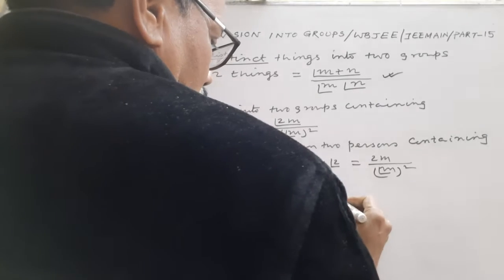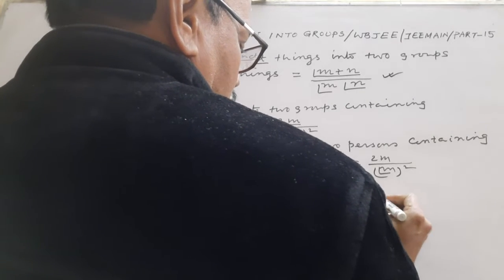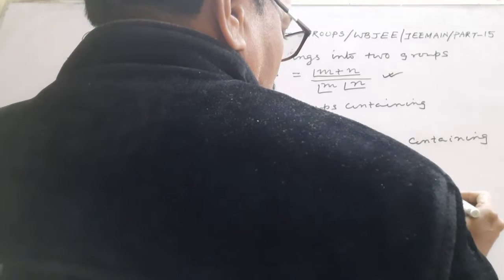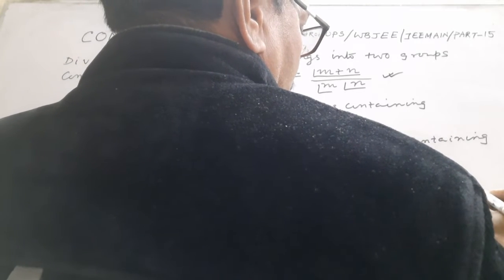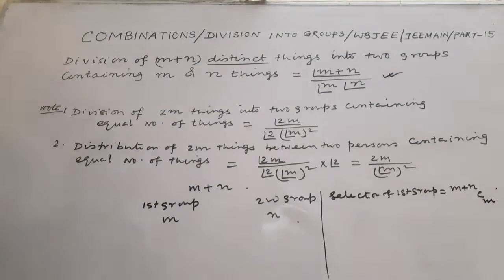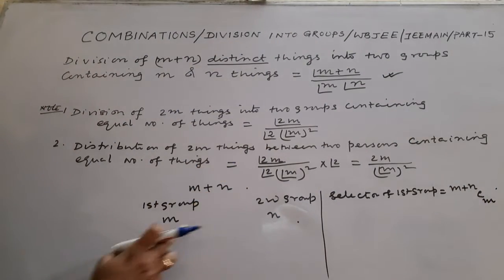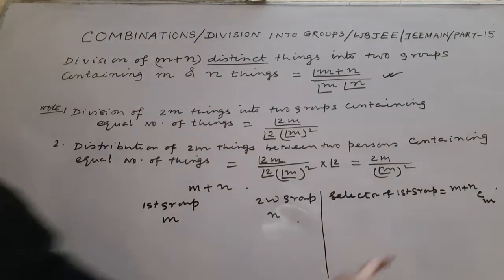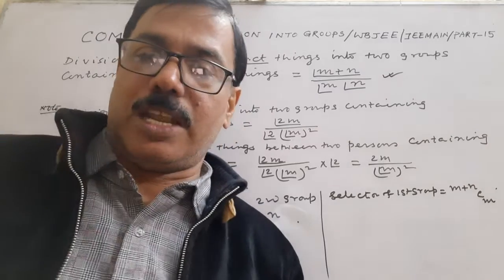Selection of first group equals m plus n c m. So of the total m plus n things you have to select m. So the first group can be selected by m plus n c m.